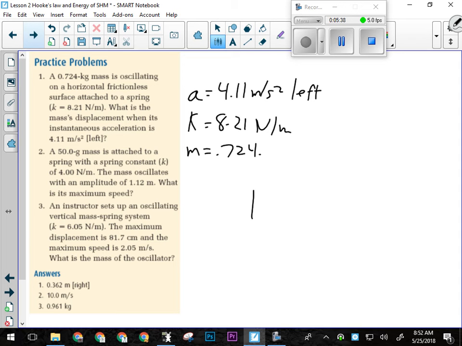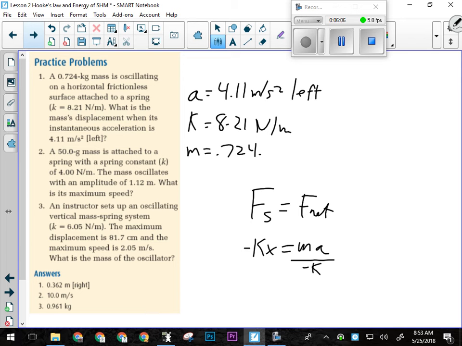So can I say that the force in the spring equals F net and then transfer to this? Is it okay for me to say that if it's the net force? All right, now can I solve for the displacement when its acceleration is 4.11? Now all I have to do is solve for x. So I just divide by k.